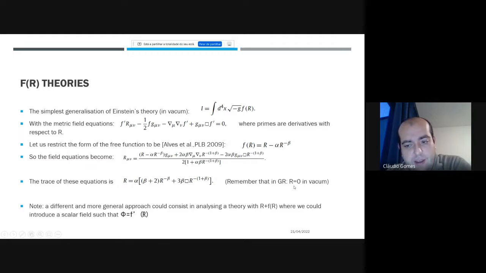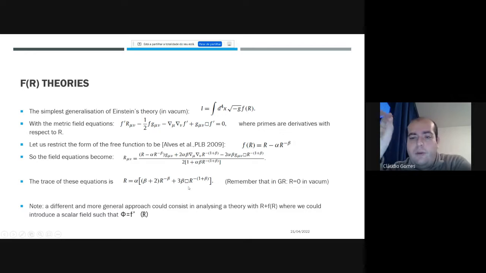Remember that in general relativity, the Ricci scalar was equal to 0 in vacuum, or minus T, the trace of the energy-momentum tensor, in the presence of matter fields. So we see here that higher derivatives contribute to the scalar curvature solution, as well as this modification relative to the Einstein term.